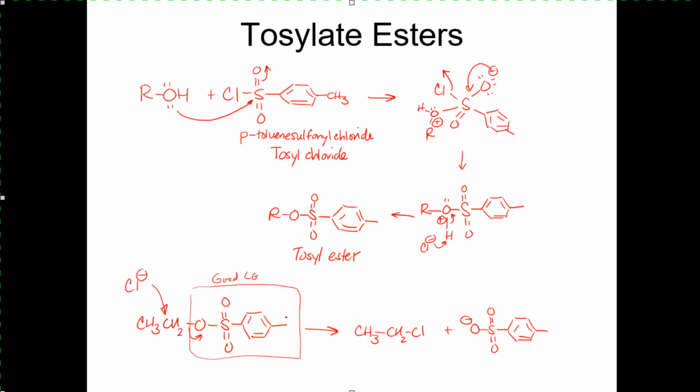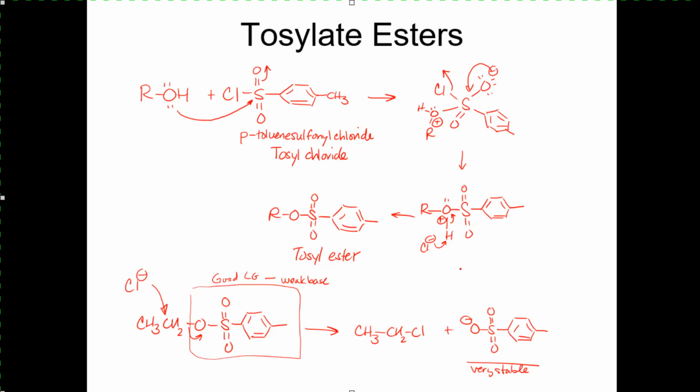And why? Well, if it's a good leaving group, it must mean that it's what? It's a very weak base. And sure enough, this tosyl anion is a very weak base. Why? Well, it's a very weak base because it is very stable.